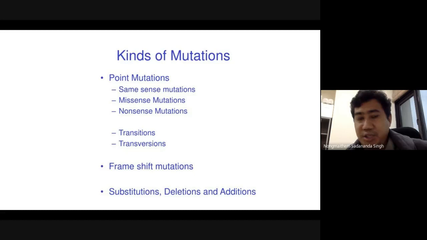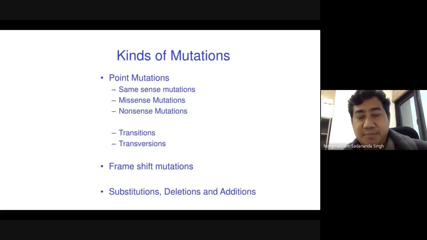It can change the translational frames, and even if there is a nucleotide change, it can still code for the same amino acid. That's called silent mutations or same sense mutations. So generally it's called silent mutations.